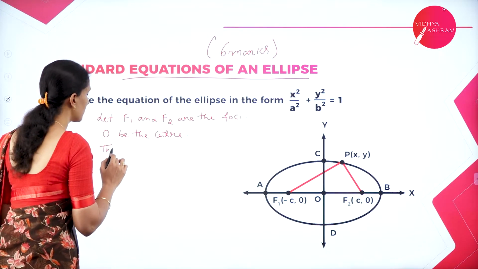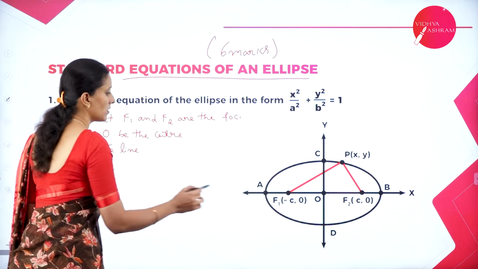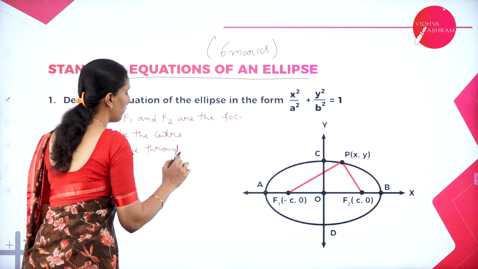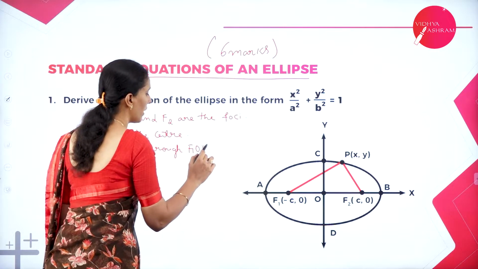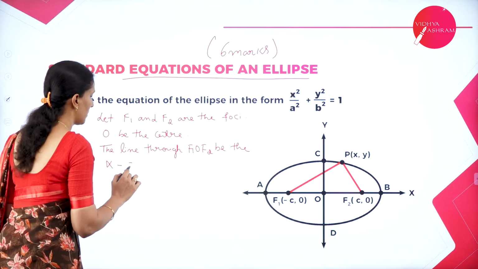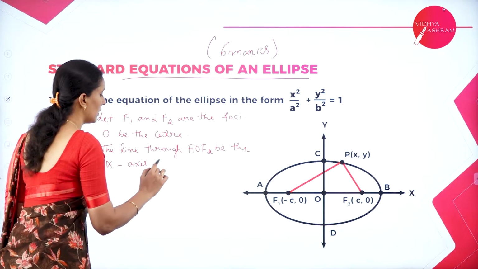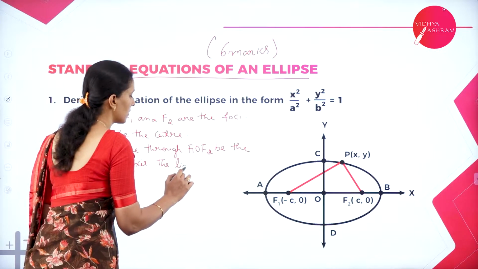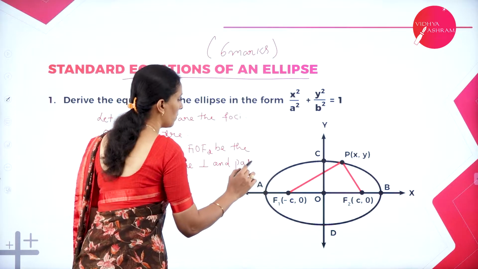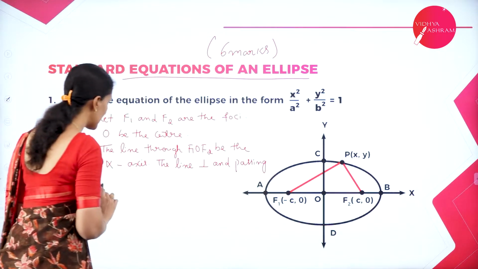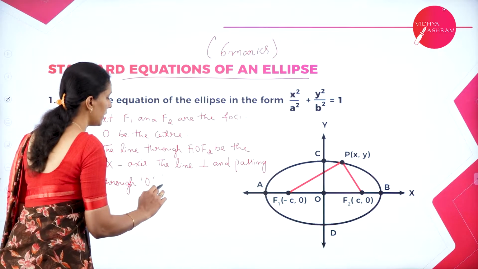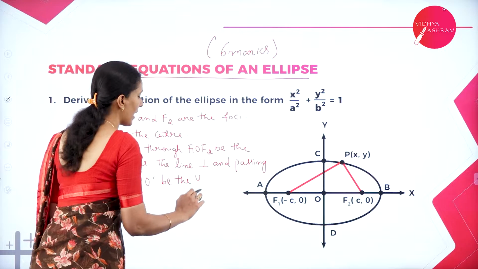The line through the foci F1, O, F2 be the x-axis. Next, the line perpendicular and passing through O be the y-axis.